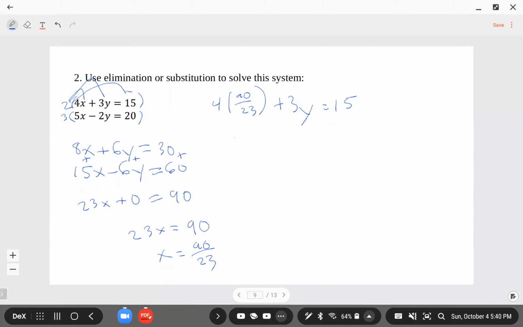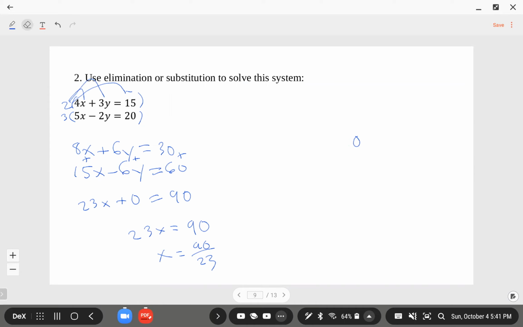Now we can also do 8 times 90 over 23 plus 6y equals 30, because this is the enlarged equation. This is the original equation. You can do either one.